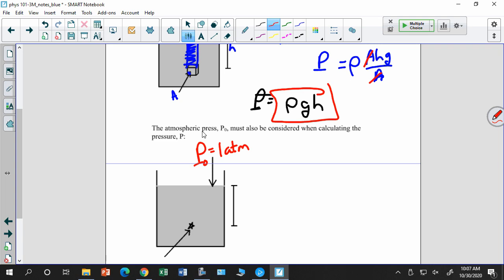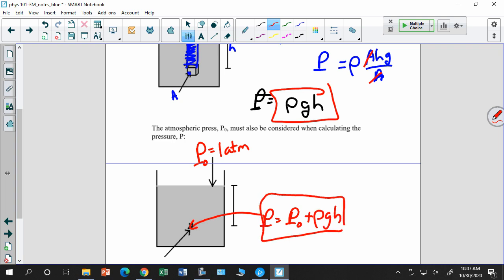And so the pressure right here will be P equals P naught plus rho g h. You don't need to know how to derive it, but I do need you to know that the pressure at a certain depth in a liquid is just equal to the weight of that material that's bearing down at that point, divided by the area of an imaginary surface.